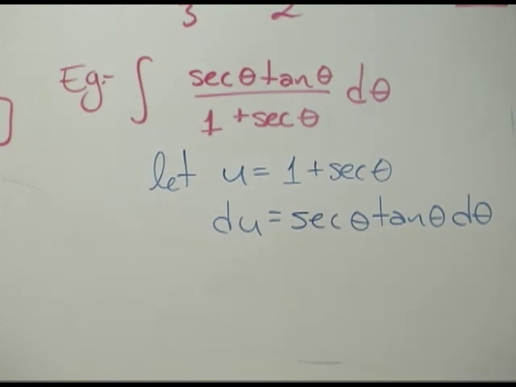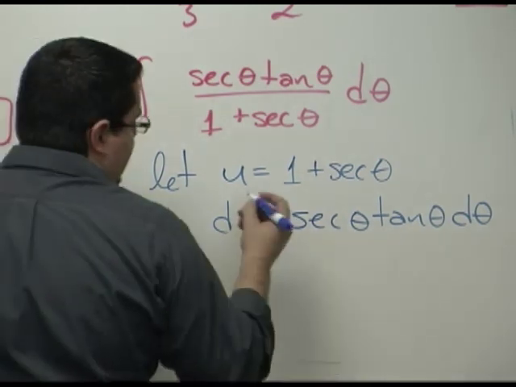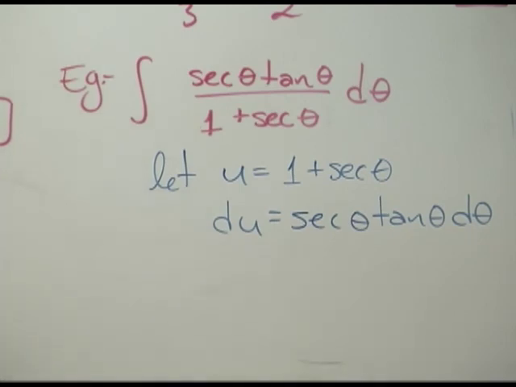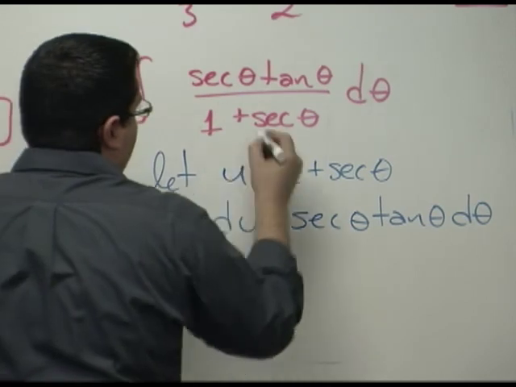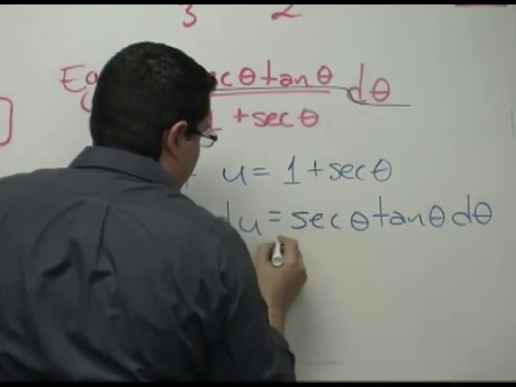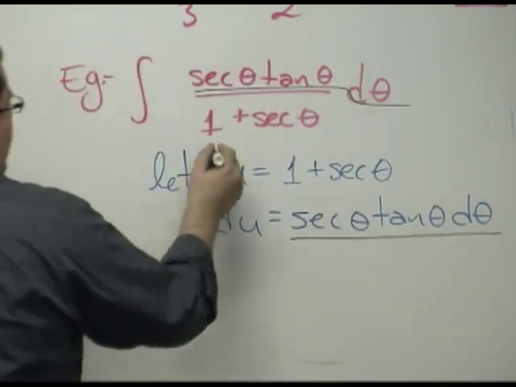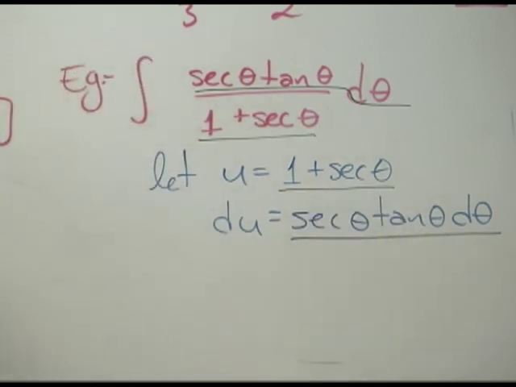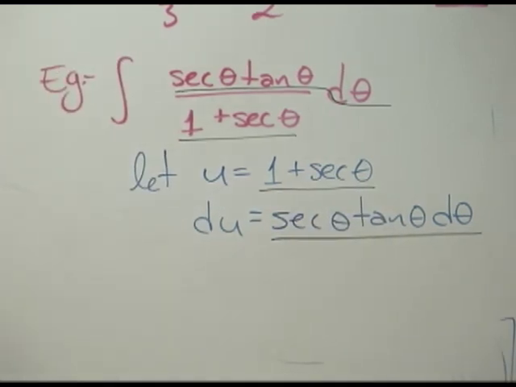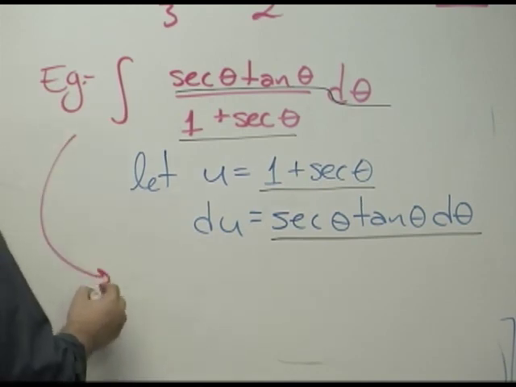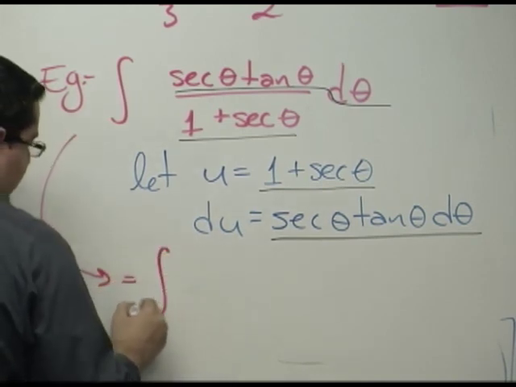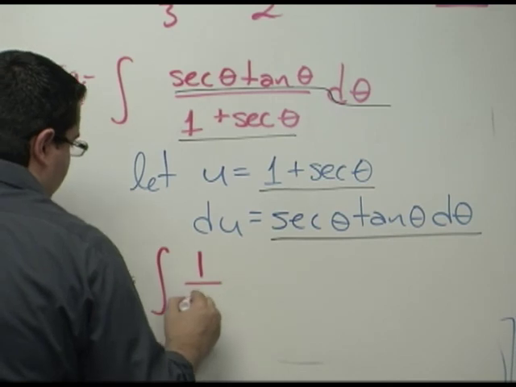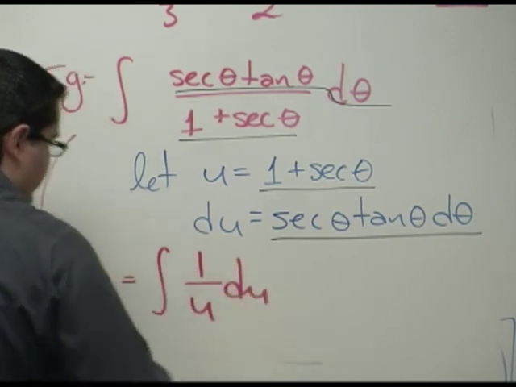So notice that we have, let's see, let me find another color. It's the black. We have this right here, and we have this right here. Okay, so this whole integral can actually be written in terms of u as the integral of 1 over u du.